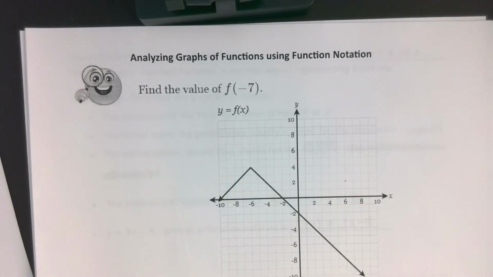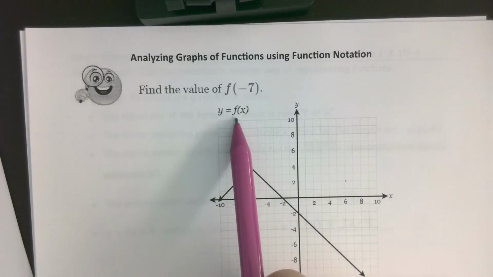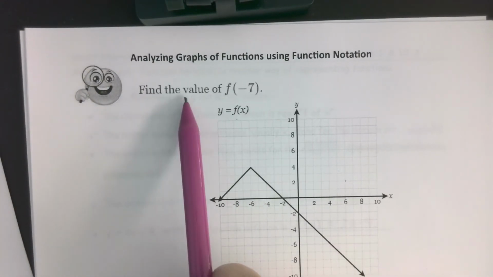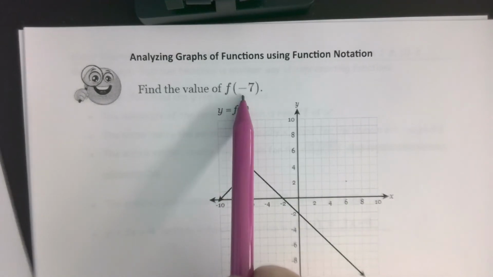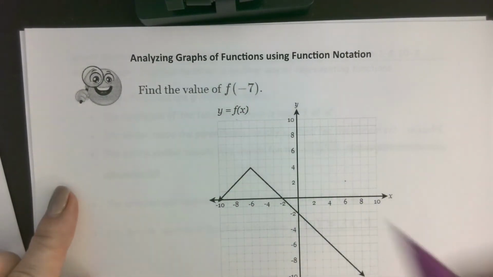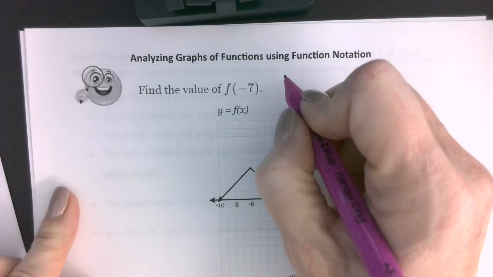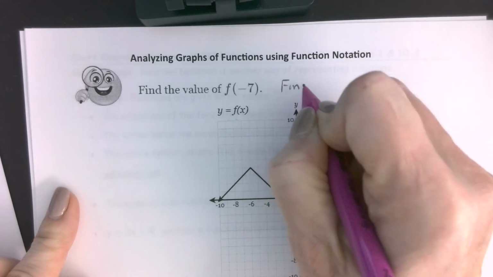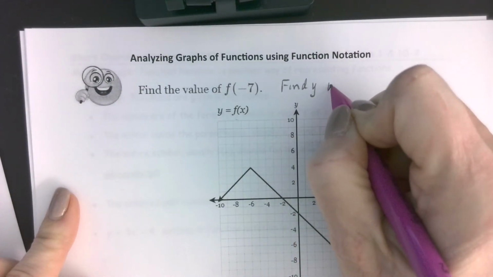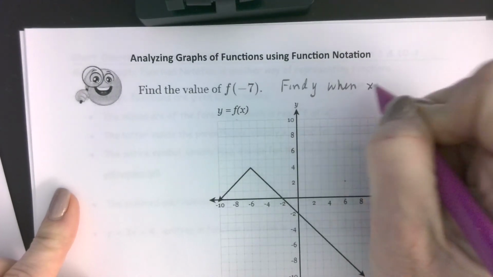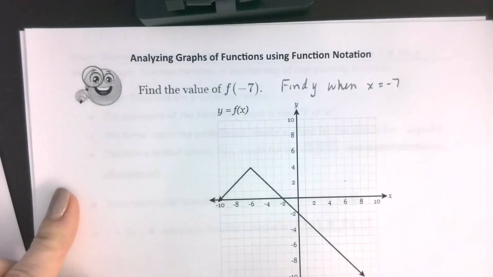We can also analyze the graphs of functions. This graph here represents a function f of x. We want to find the value of f of negative 7. That means find y when your x value is equal to negative 7.